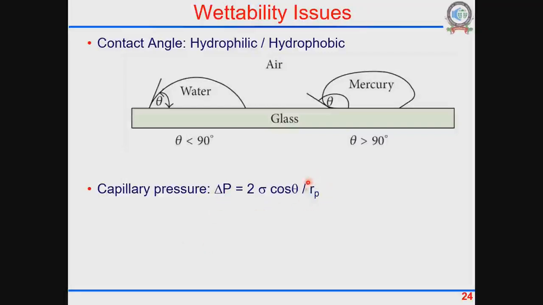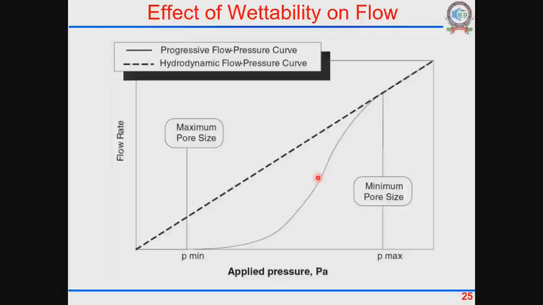So if I take a particular membrane and a solvent, that would essentially decide the wettability, that would essentially decide the cos theta value for that particular membrane. Now I can calculate the pore size which is allowing the flow to go through at this breakthrough pressure. So we will find that the largest pores in the membrane we can find from the breakthrough pressure.